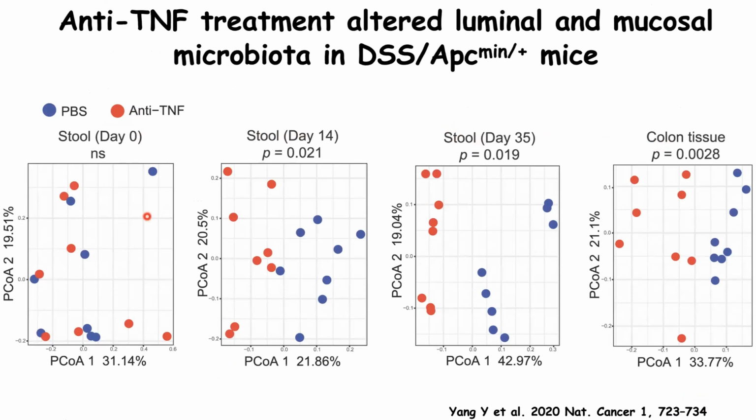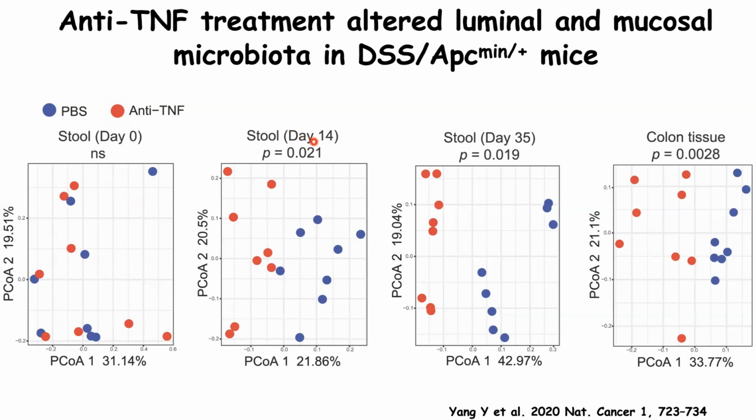This is a microbiome study where at day 0, the mice receive no treatment. They are coded red and blue, but they did not receive any treatment. And the microbiome is not different because they have the same genetic background. So you don't expect the microbiome to be different, and they are not.